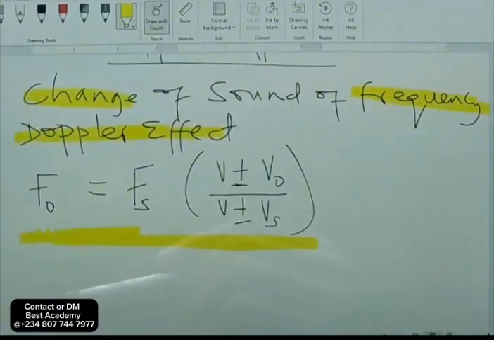So let's know what f naught stands for, what fs stands for, and what v, v naught and also vs stand for. Later we can know the sign convention of Doppler effect.